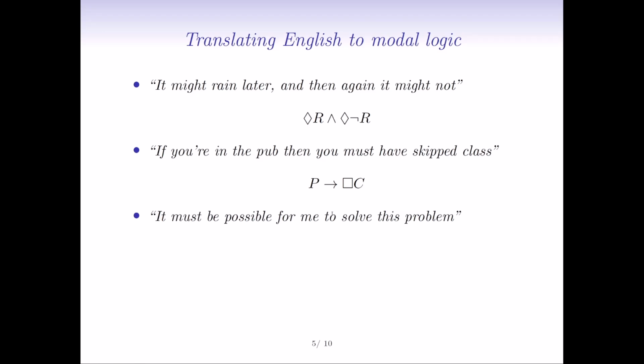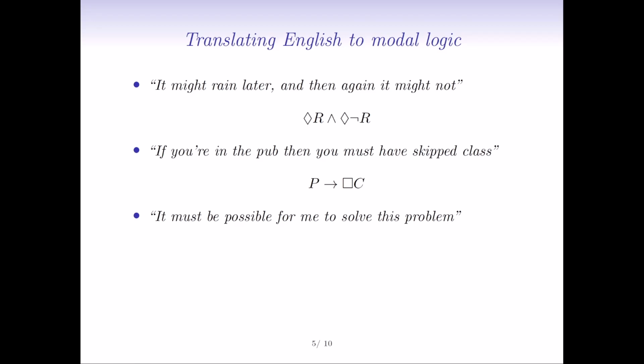Next example. It must be possible for me to solve this problem. Now, I'm not going to second guess which proposition letter I might have chosen for I will solve the problem, but it says it must be possible. So if I was just saying it is possible for me to solve the problem, I would say possibly S, so diamond S. But I'm not just saying it's possible, I'm saying it must be possible.